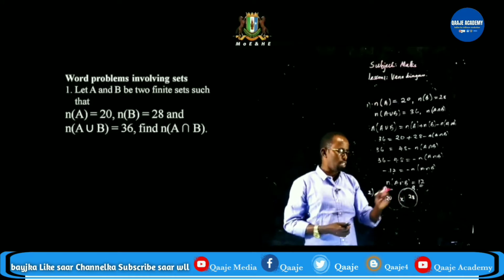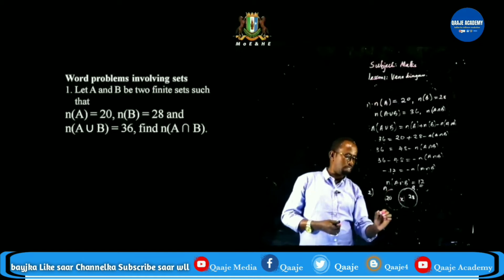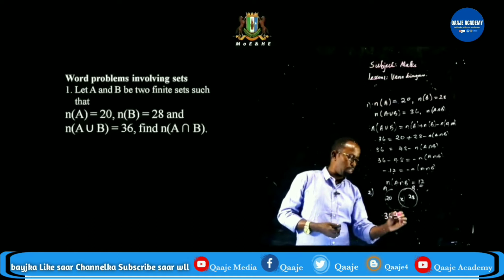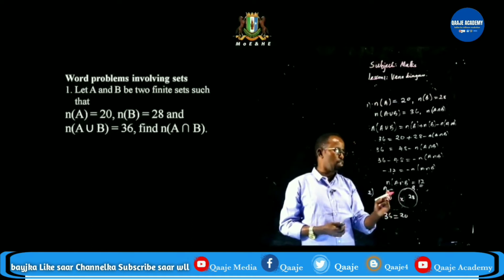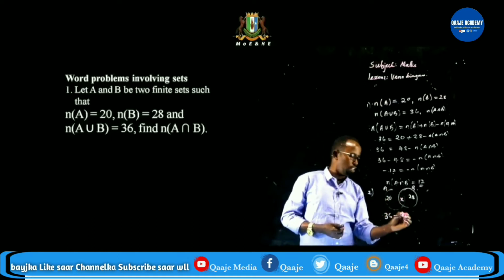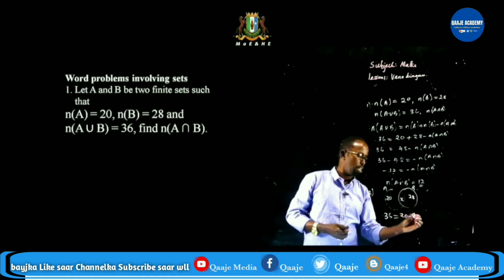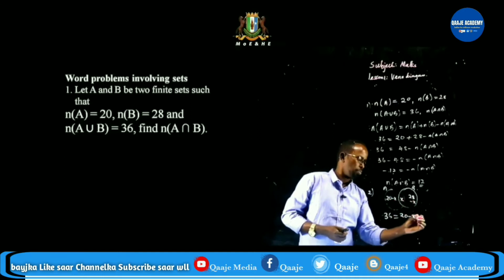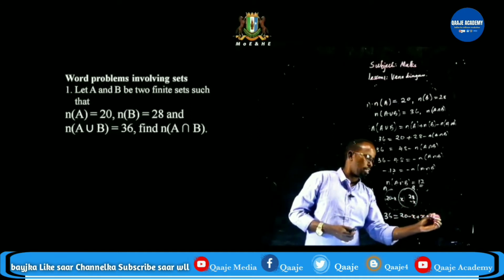You know the total is 36, so you write 36 is equal to 20 minus X, because there are some elements in B here, so you subtract X there, plus X, plus 28 minus X.